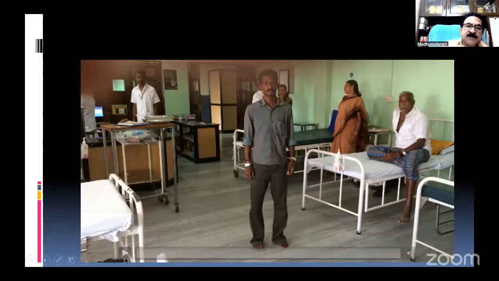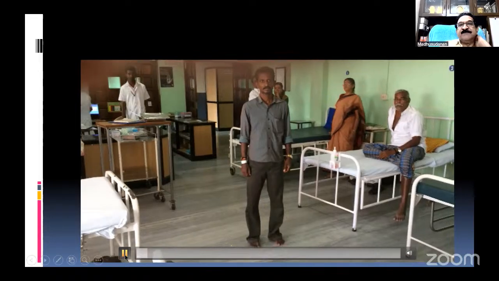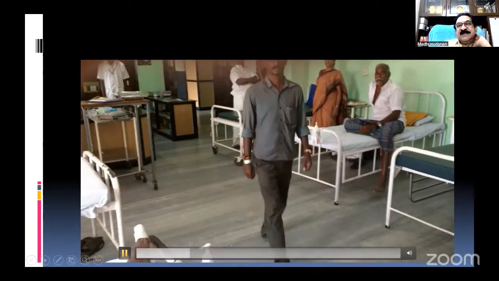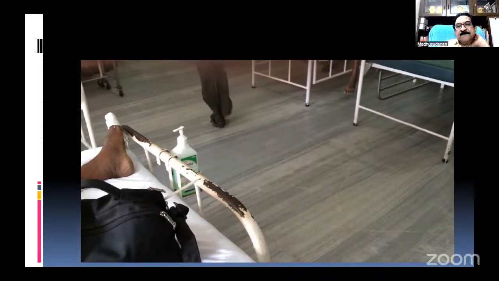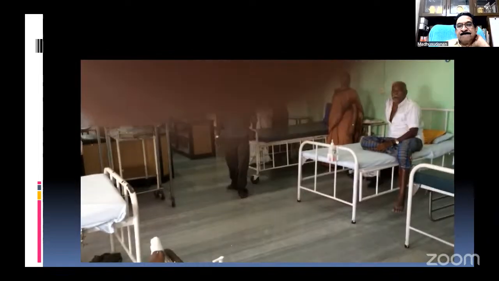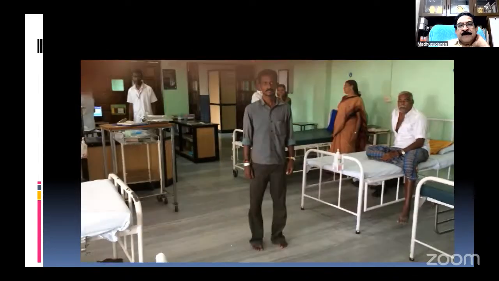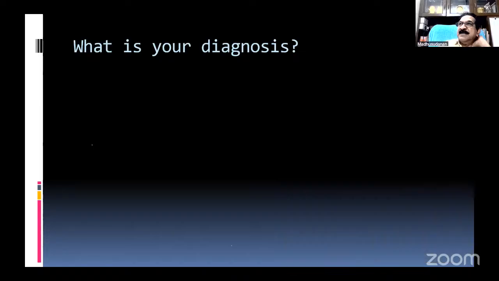Then this is the way he walked. He was perfectly normal 2 days later. No ataxia, nothing. So again, 2 days later, again the same nystagmus. So what is the diagnosis? Again, this is most likely to be an episodic attack.